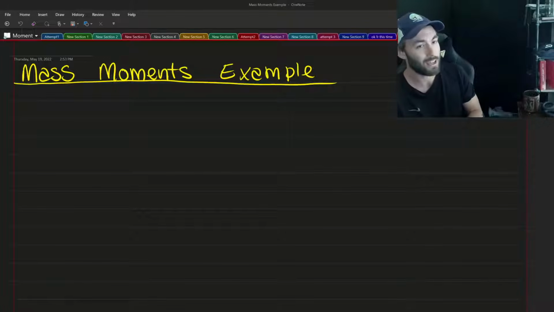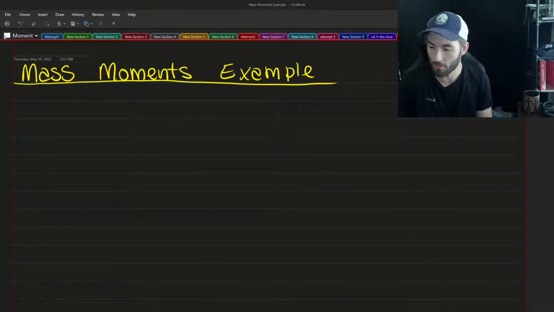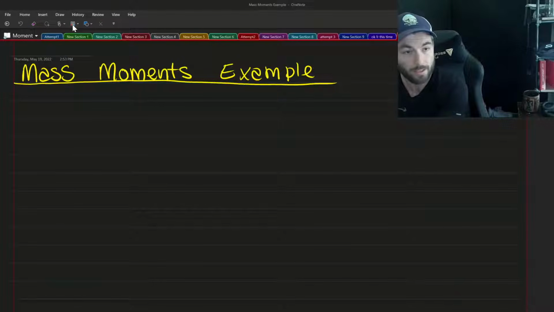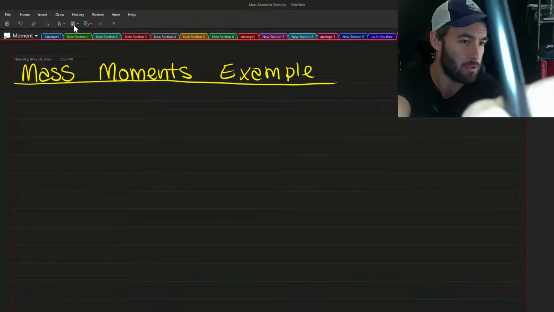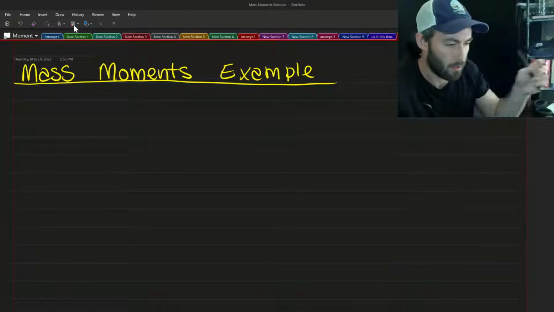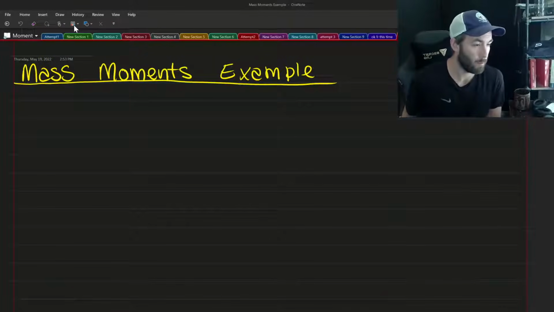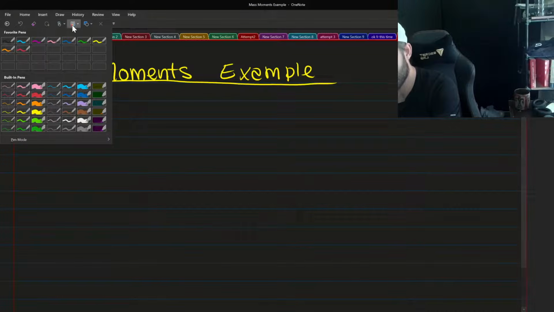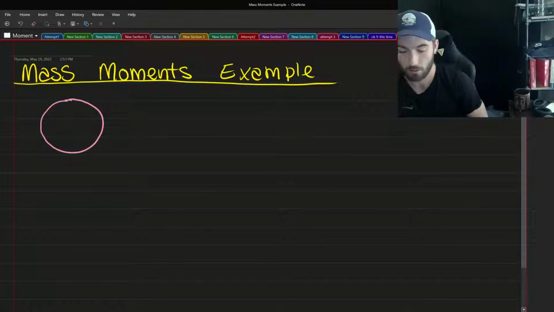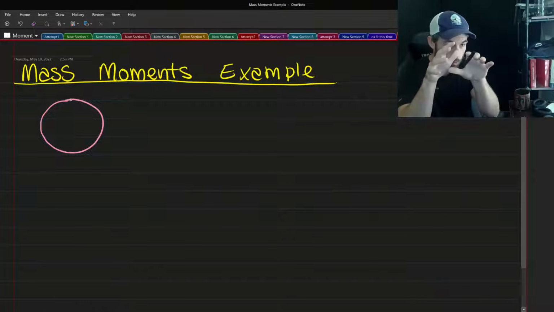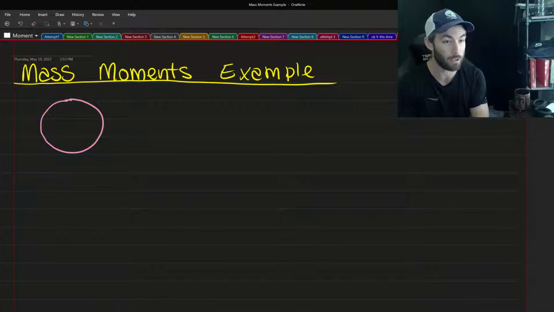To reiterate, we're going to do an example of seeing how moments of inertia change when we change the mass distribution. Let me move this over a little bit. So what I had in mind was we'll start with one mass distribution where we have a thin spherical shell, so all of the mass is spread over the 4 pi boundary of the sphere.